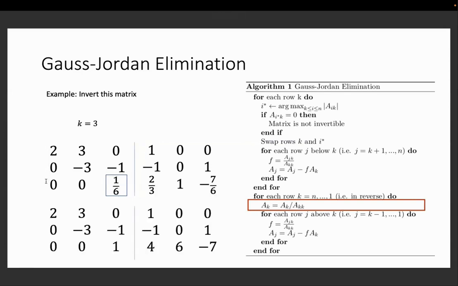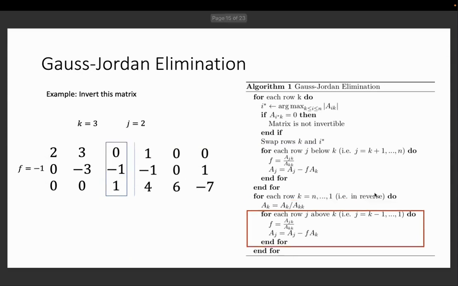So as you can see, we divide all elements that we have here by 1 divided by 6. So in this for loop, for each row j above the k, which means that j should start with k minus 1 until down to 1.